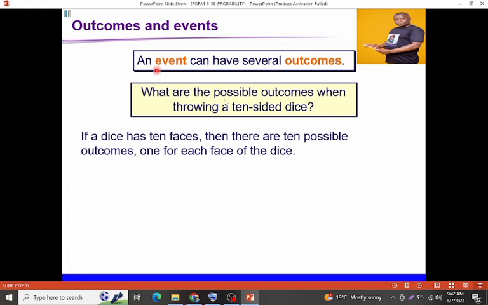The event involved is throwing a 10-sided dice. The outcomes are the numbers that face up after throwing, so from 1 to 10.